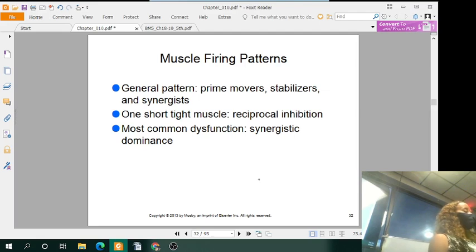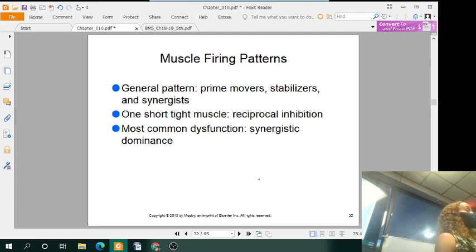What is the most common dysfunction that you see usually when you're walking around or on your table? Pronation, yes. What else?